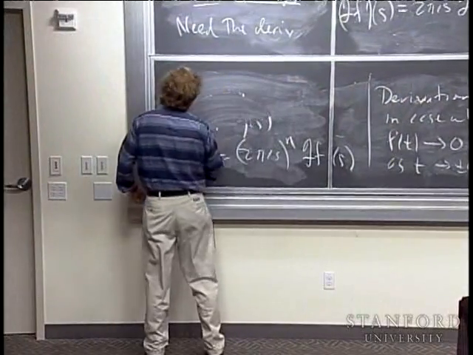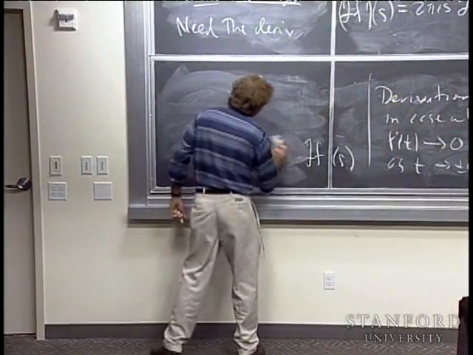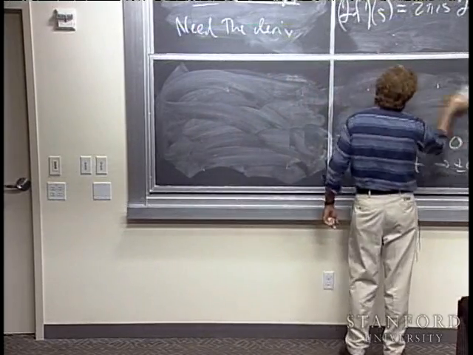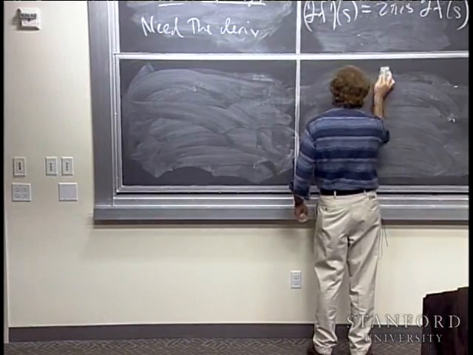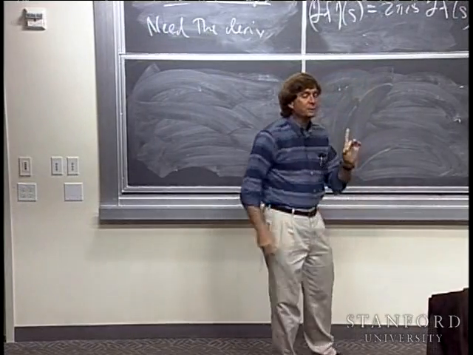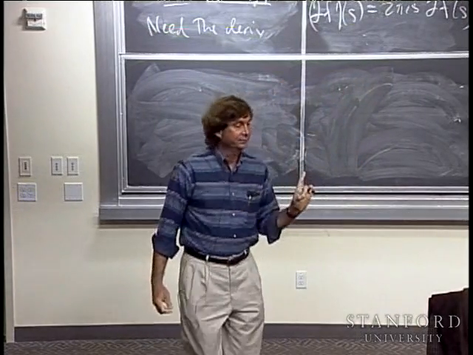Now, again, u is a function of two variables. On the left-hand side is the derivative with respect to t. On the right-hand side is the second derivative with respect to x. What I'm going to do is take the Fourier transform of both sides of that equation with respect to x, the spatial variable.